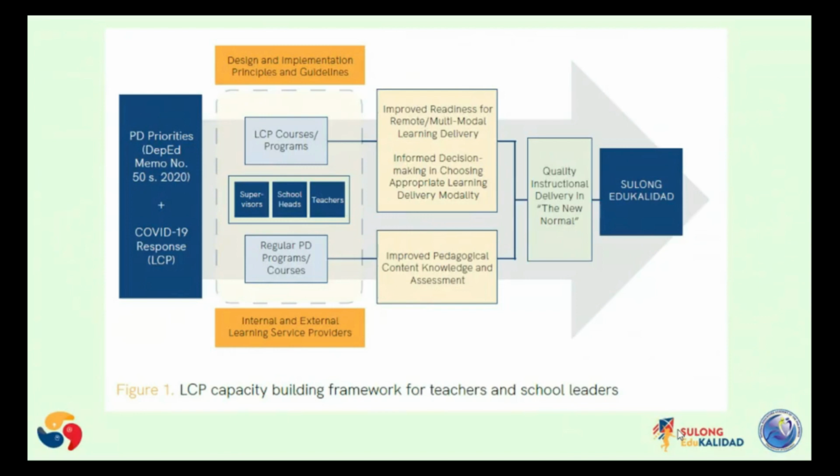So with this IPO framework, this will respond to the quality instruction delivery in the context of the new normal. Education must continue, so therefore, still the output is the Sulong Edukalidad.